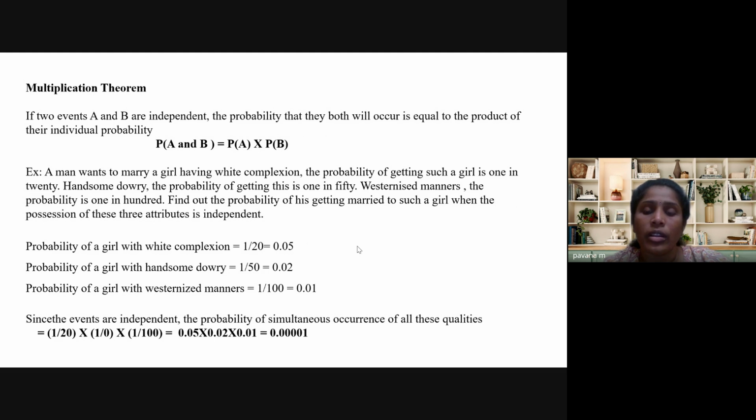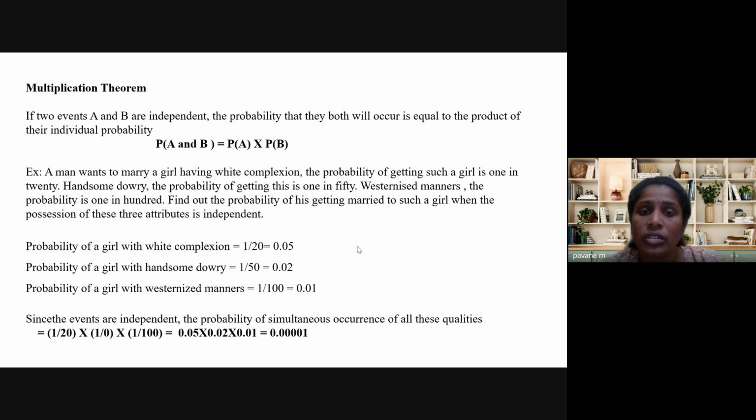So P of A intersection B is equal to P of A into P of B.